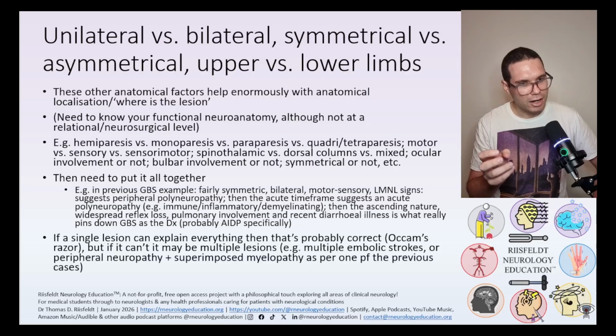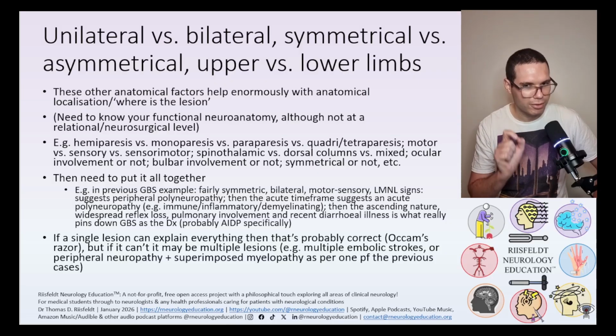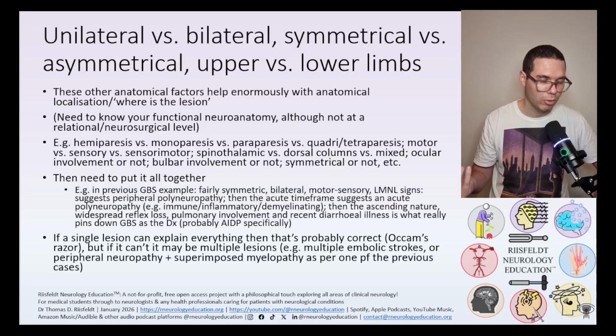The last thing to say here is that anatomically, if a single lesion can explain all of the symptoms and signs, then that is probably correct, according to the theorem of Occam's razor.